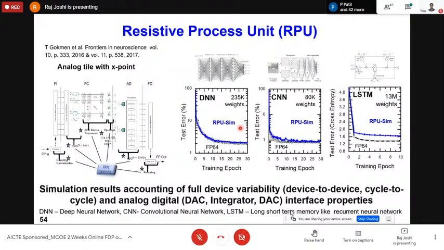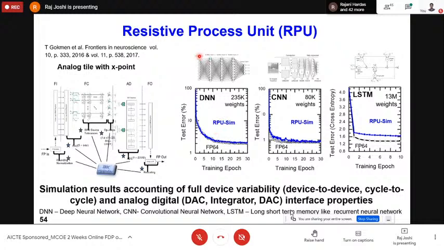So now I want to talk about this RPU. RPU is nothing but the ReRAM, or resistive processing unit, which is used here, and there are various different models which are compared using different networks, DNN, deep convolutional networks, and long short-term memory-like models.